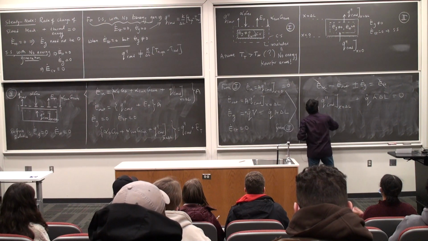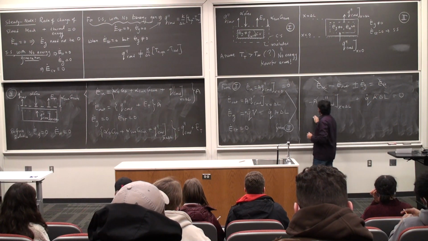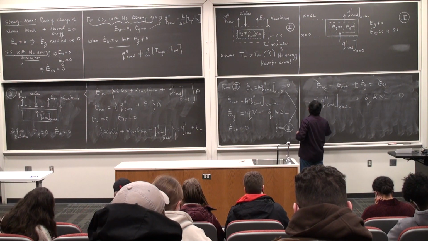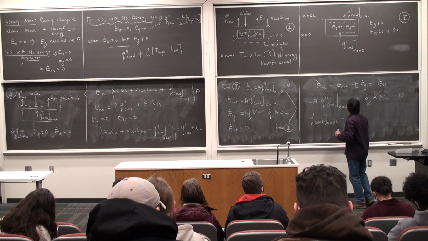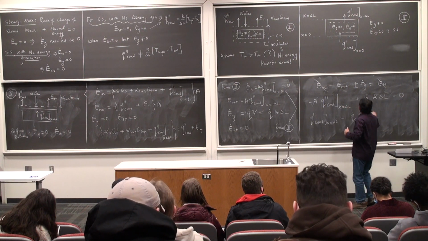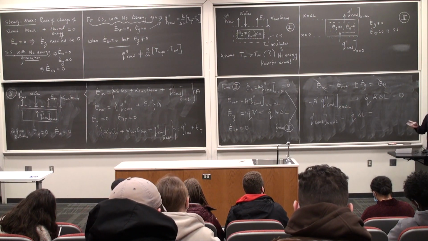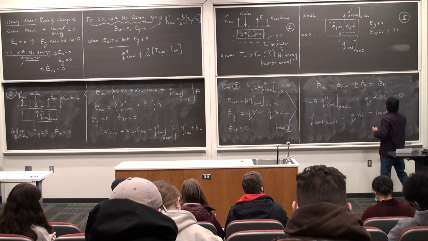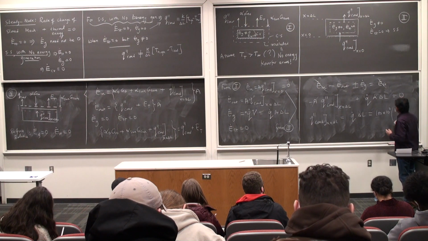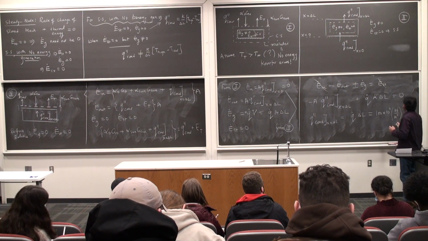Right? So I cancel off this A, and so q double prime at x equal to delta L is just q dot times delta L. q dot is 100 kilowatts per meter cube, so this is 100 times 10 to the power 3 watts per meter cube.